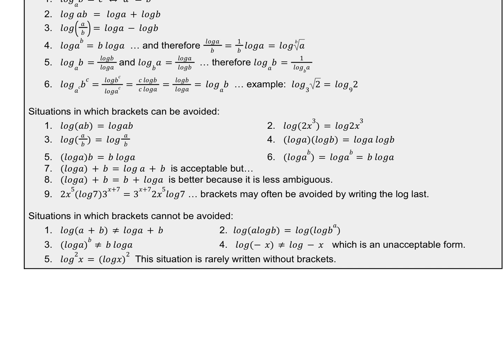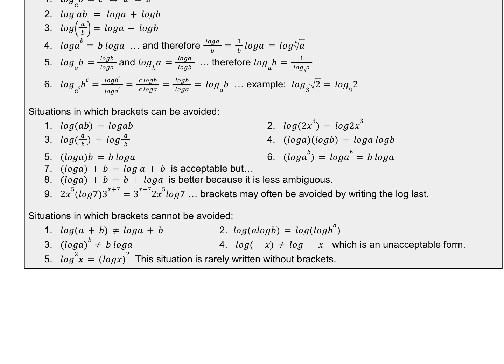Okay, and finally, log of negative x is not equivalent to log minus x, because this looks like you're doing log subtract x, and log on its own is not actually a value. So this is just unacceptable altogether. And finally, if you see log squared x, that just means take the log of x and then raise that to the power of 2.